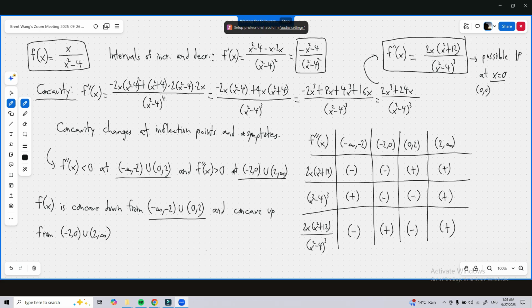And the last thing to notice is that from negative 2 to 0 to 2, f of x changes concavity at the origin, so therefore the origin is an inflection point.